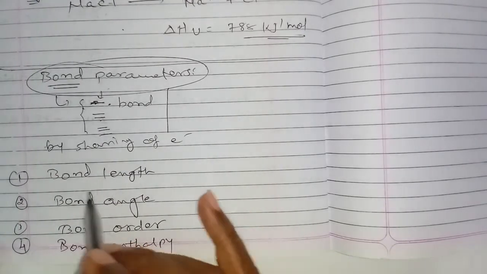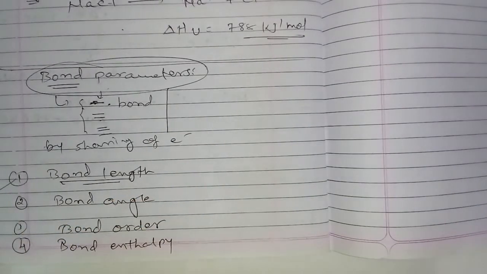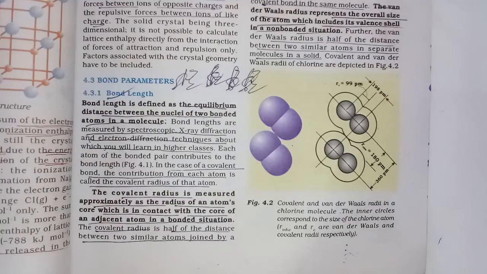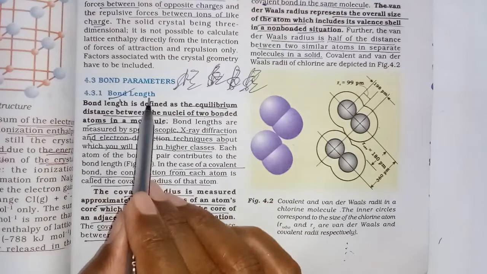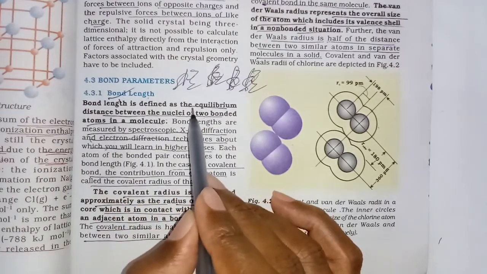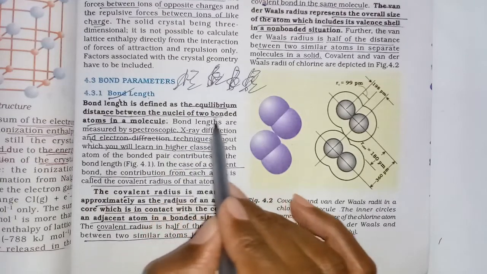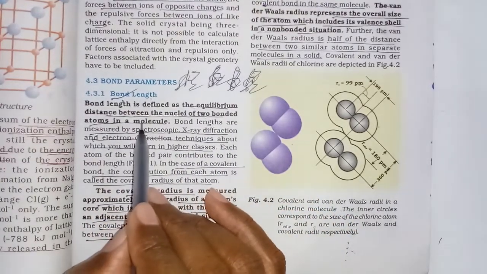First of all, let's see about bond length. What is bond length? Bond length is the equilibrium distance between nuclei of two bonded atoms in a molecule.